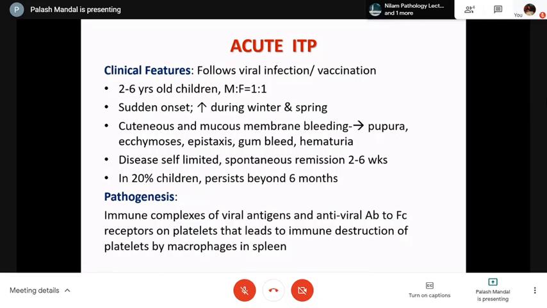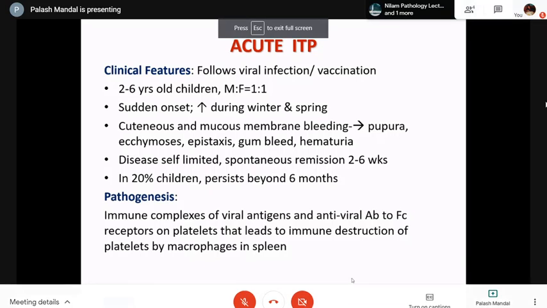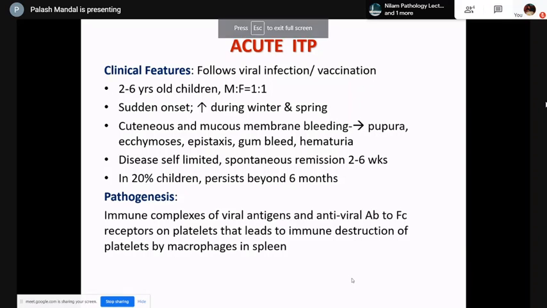Vaccination is also a low dose of viral antigens. So the immune complex forms within the flowing blood, the plasma, and goes and sits on the platelets, because there are platelet receptors which draw that complex to itself.